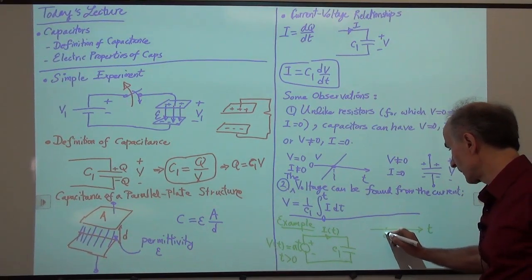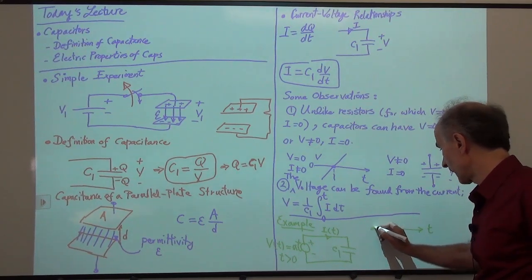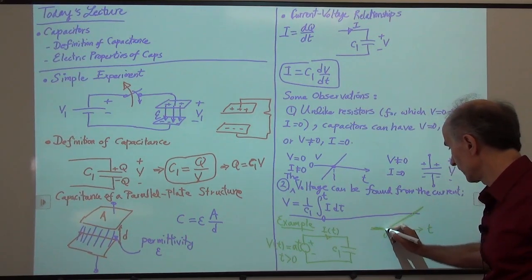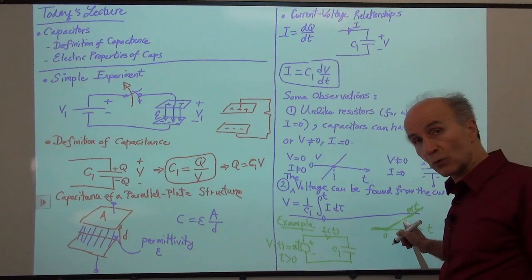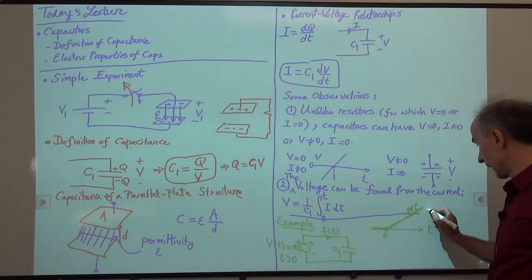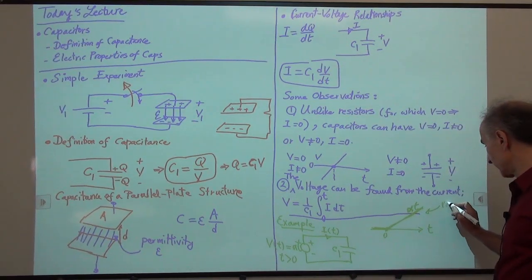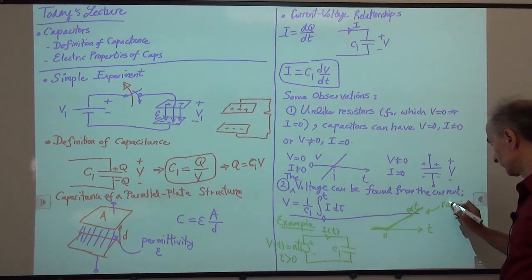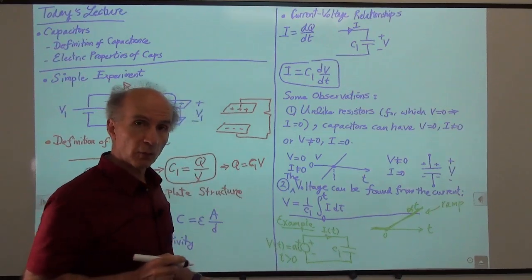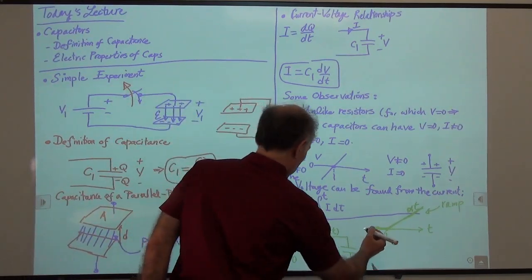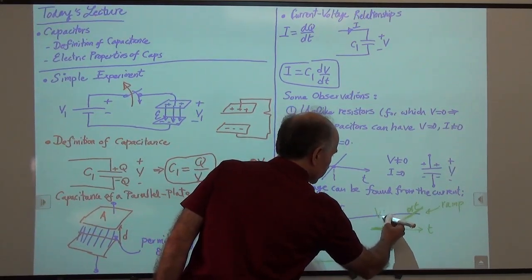Before time 0 it's 0, and then after time 0 it's alpha t. It goes up linearly with time. This is what we call a ramp. So that's a ramp. All right, so that is the voltage applied to the capacitor. We'll call this V of t.